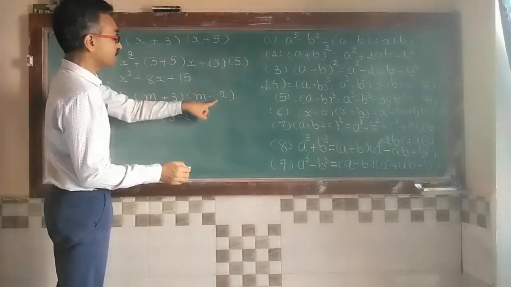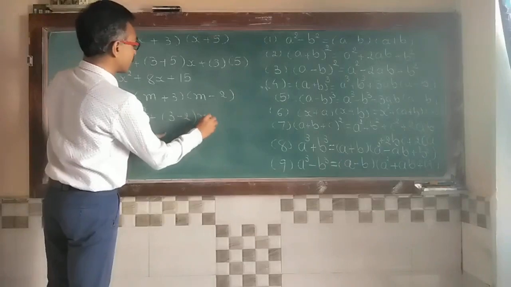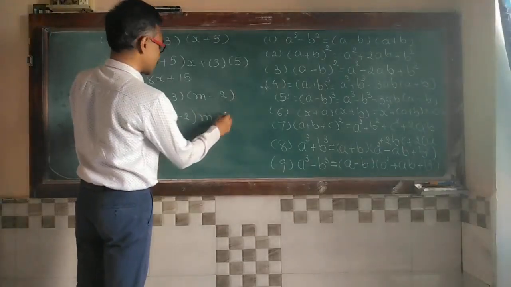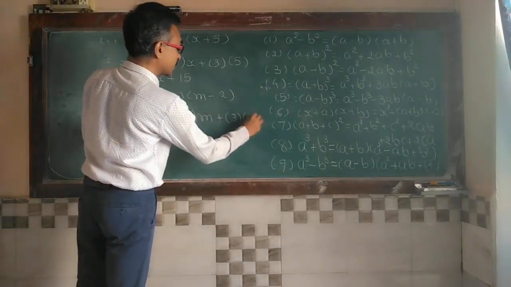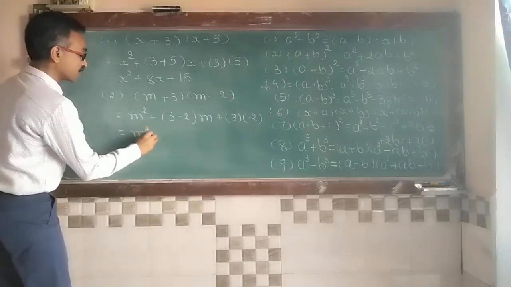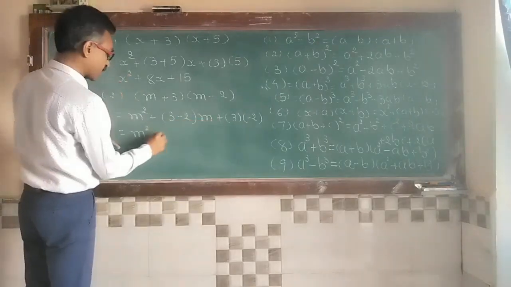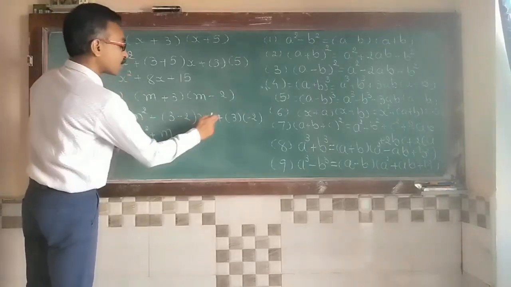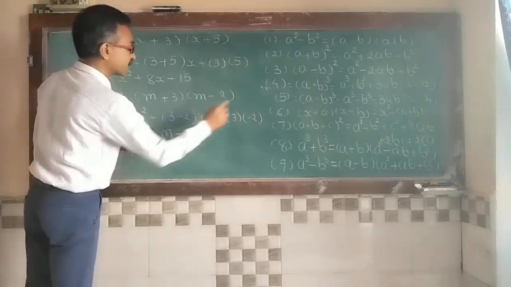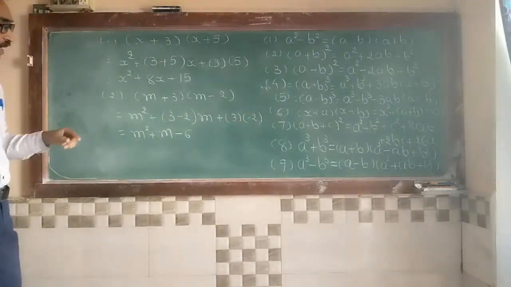Plus, but the sign is minus, 2 3s are 6, so it is minus 6. So m square plus m minus 6, this is your answer.